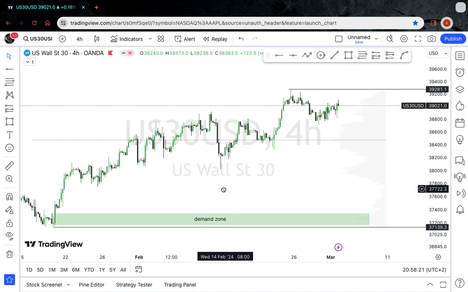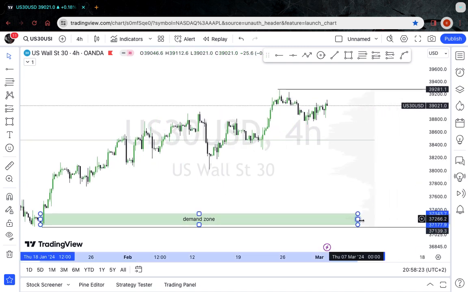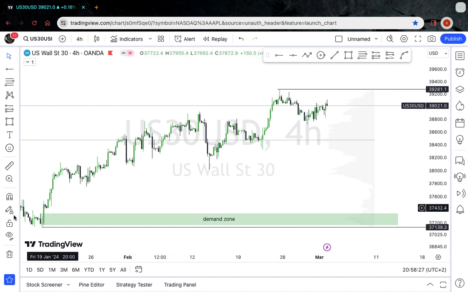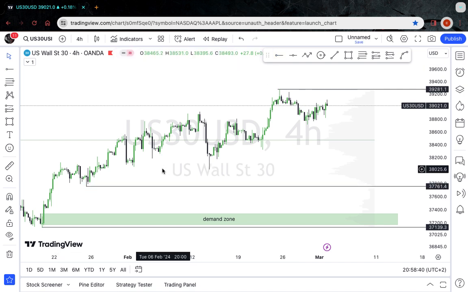After the market created that demand zone, it started pushing to the upside. It gave us this demand zone, and then it broke that demand zone with a bullish engulfing candlestick, and then it continued pushing, right? So we also have a second low here.